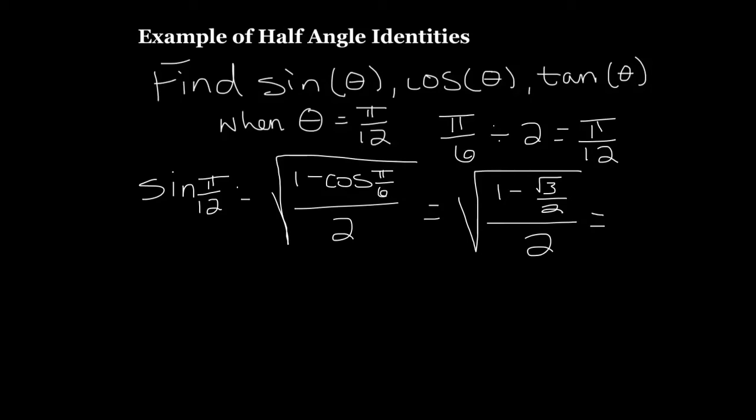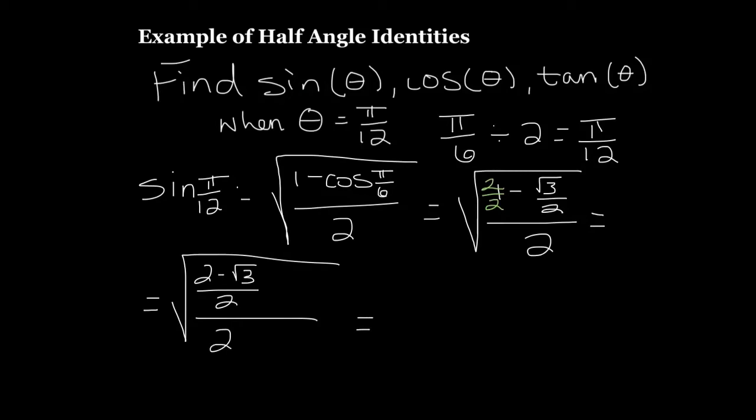What we need to do is change this. We're going to take 2 over 2 minus root 3 over 2, so that we get 2 minus root 3 over 2 in the numerator. And I still get 2 in the denominator, which is really a fraction like that.